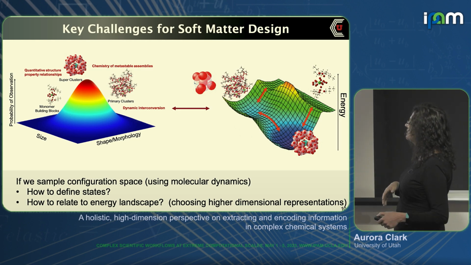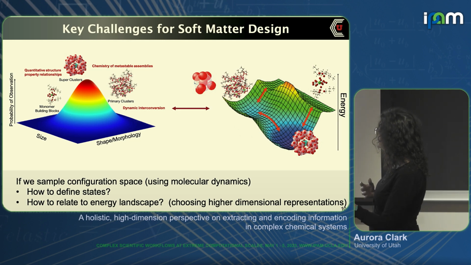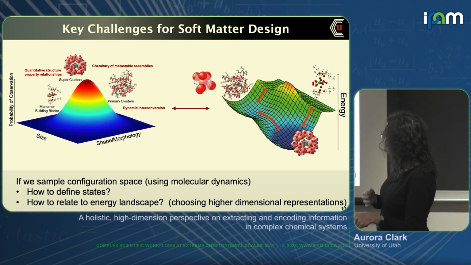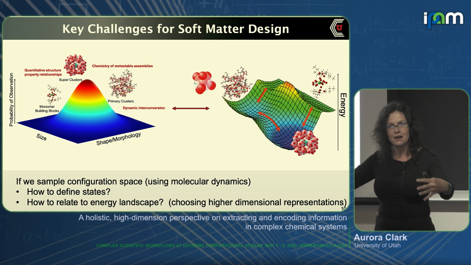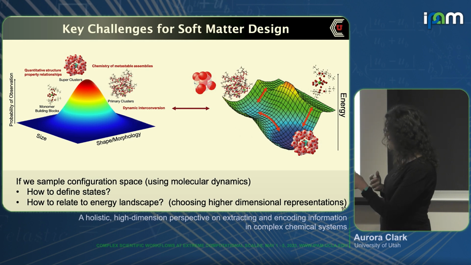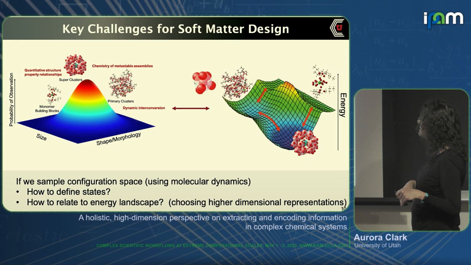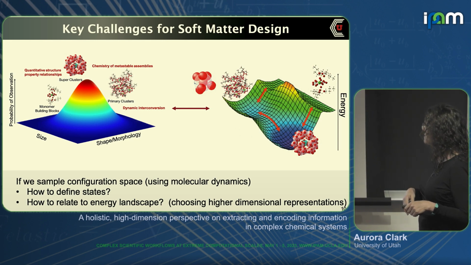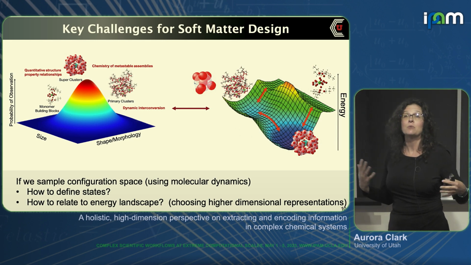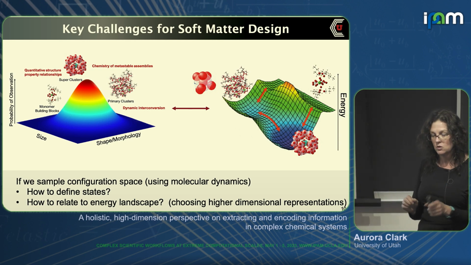You can imagine a really complex self-assembly distribution of superclusters, primary clusters and monomeric building blocks, and you can create descriptors that define a distribution of these species. We want to seamlessly link this to some underlying energy landscape, and choose the right dimensionality representation of that landscape, because it's not just going to be simple geometric coordinates.